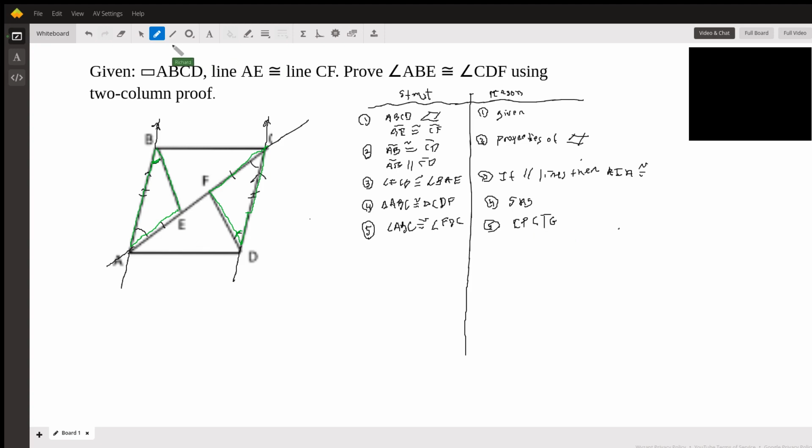CPCTC, that's a standard abbreviation for corresponding parts of congruent triangles are congruent. And that's it. That's our proof.